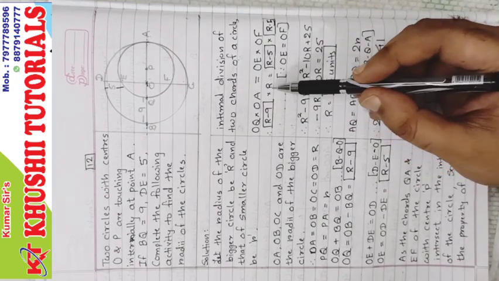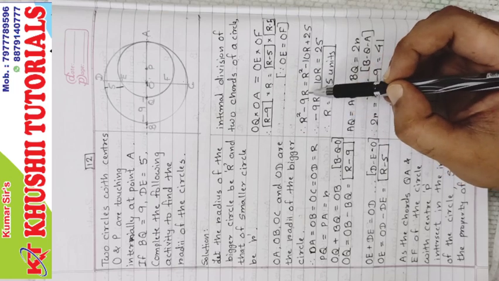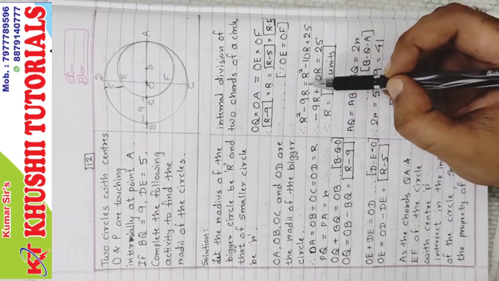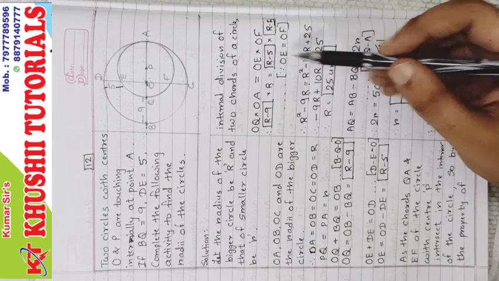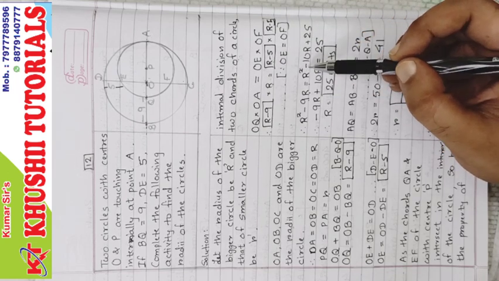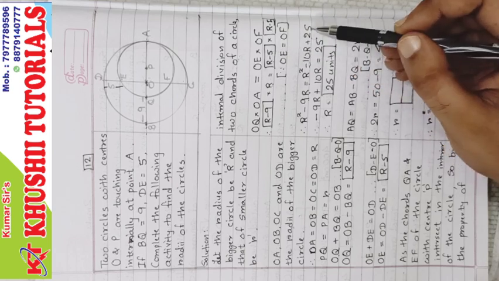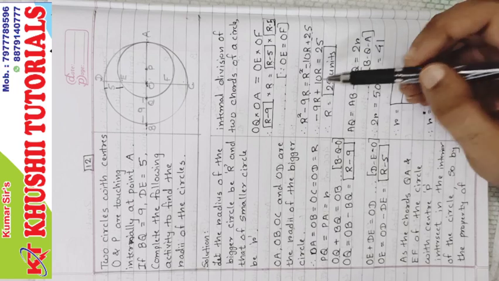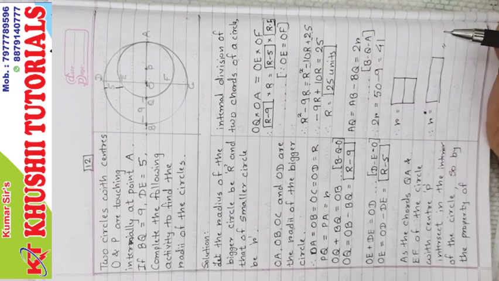So multiply, r into r square, r into 9r, minus 9r, equal to r minus 5 whole square. It is a perfect square. So r square minus 2 into 5 into r, which is minus 10r, plus 25. 5 square is 25. By simplifying, we will get r equal to 25 units.